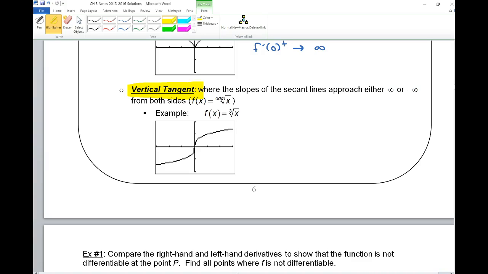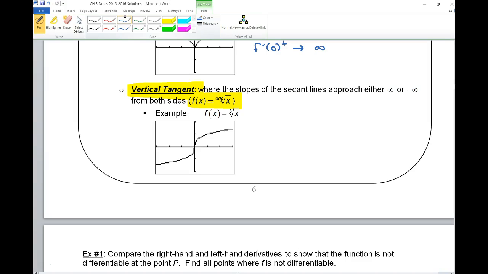When do we get a vertical tangent? That's with odd roots, like a cube root, fifth root, seventh root. Look at this one. Now see how this one looks different than the cusp. If I put my tangent line, is this positive slope? Yes. It stays positive, so it's approaching a positive infinity slope. Now from the right, is this still positive?